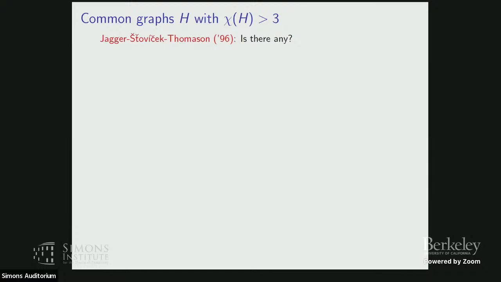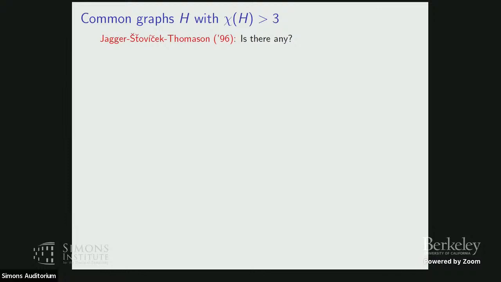Also, two slides back, I said that all even wheels are common, an even cycle with a universal vertex attached to everybody. So that gives a class of many graphs that have chromatic number 3 and are also common.